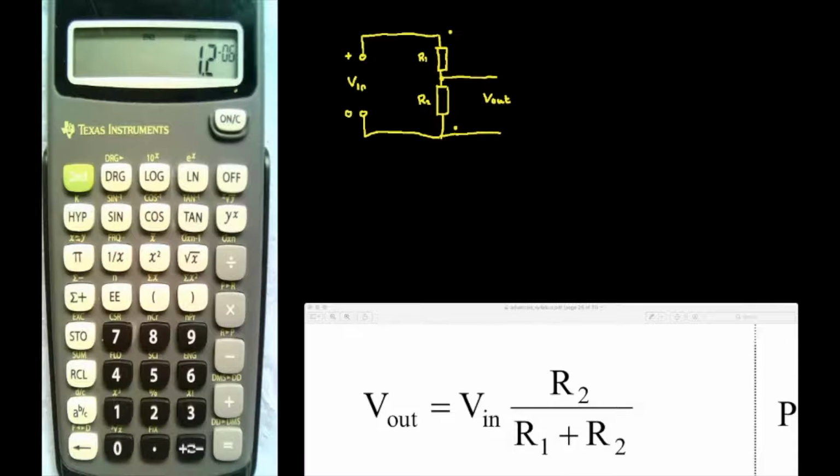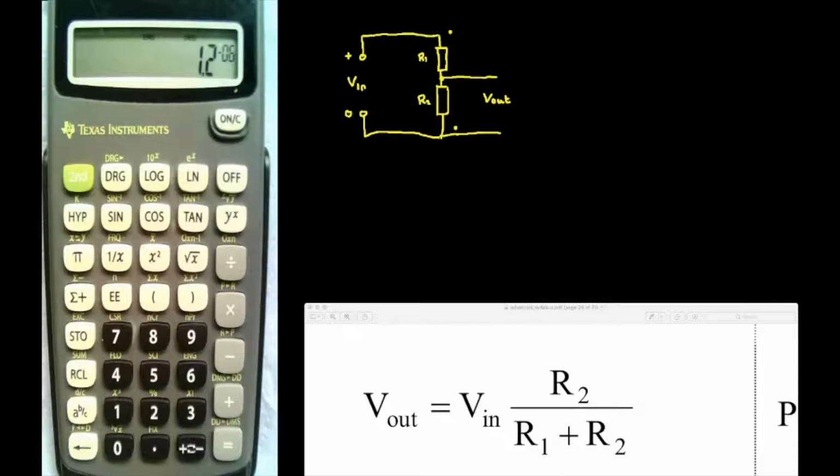So what you're seeing here is a potential gradient from the plus at the top to 0 volts at the bottom. And all voltages between whatever V in is and 0 will exist on this potential gradient.